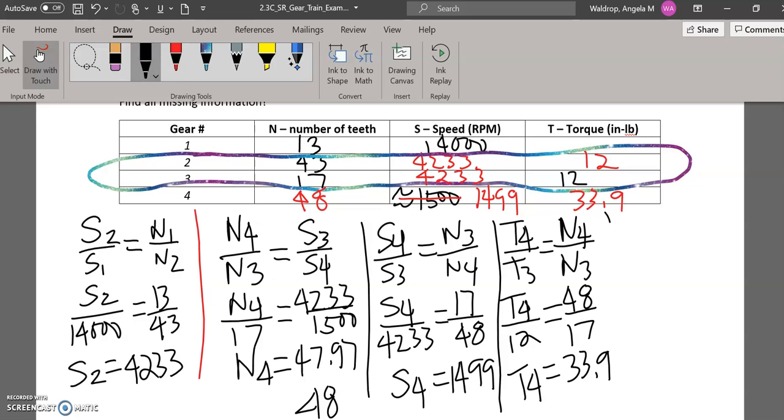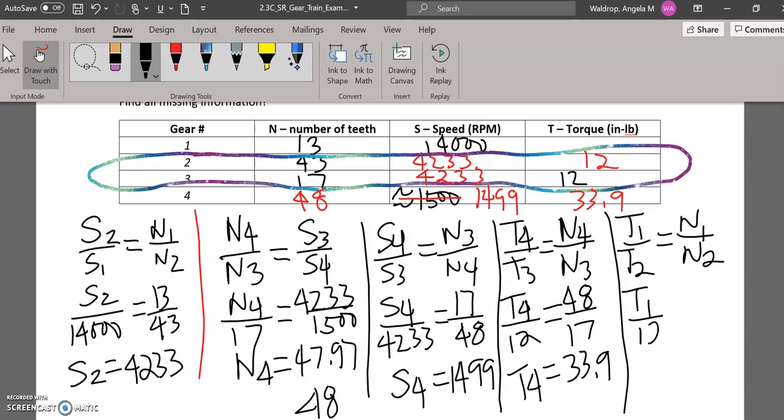My very last calculation is going to be T1. So I've got T1 over T2, and that's going to be equal to N1 over N2. Okay, so T1 we don't know. T2 we do know, it's 12. And N1 we were given that information, that's 13.